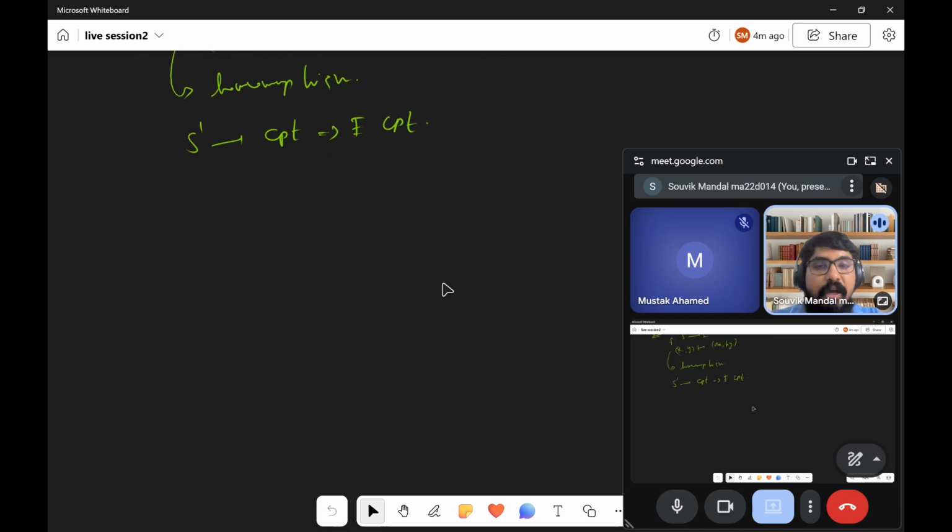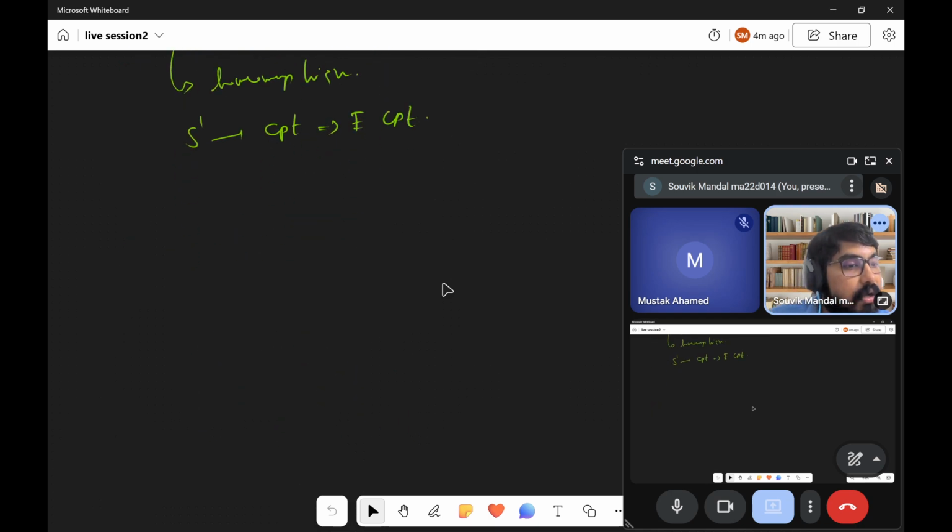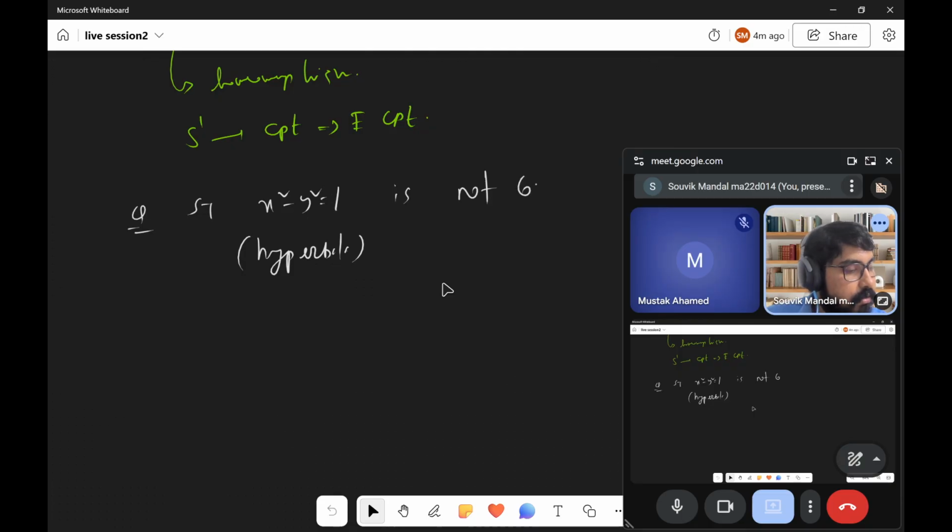Okay, so the next question is, show that the hyperbola is not compact. Of course, by looking at this diagram, this is a hyperbola generally.